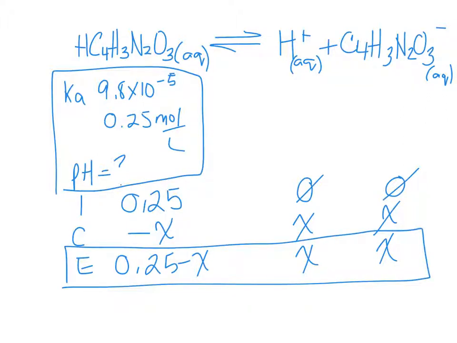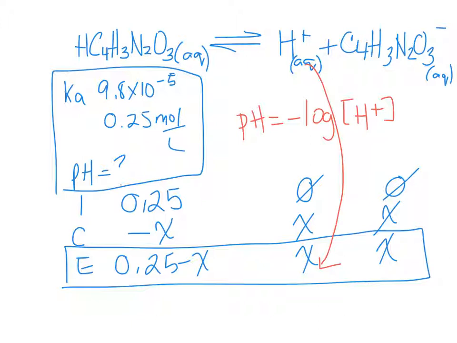So we want to solve for x, because that will be our H plus concentration. And pH is negative log of H plus. So we want to solve for x.